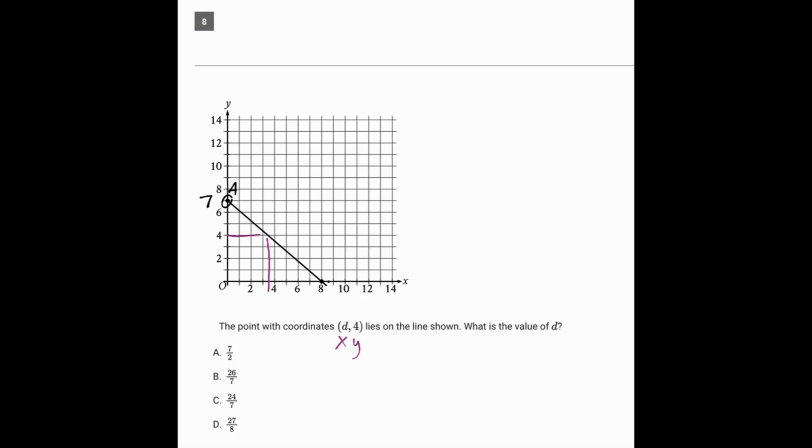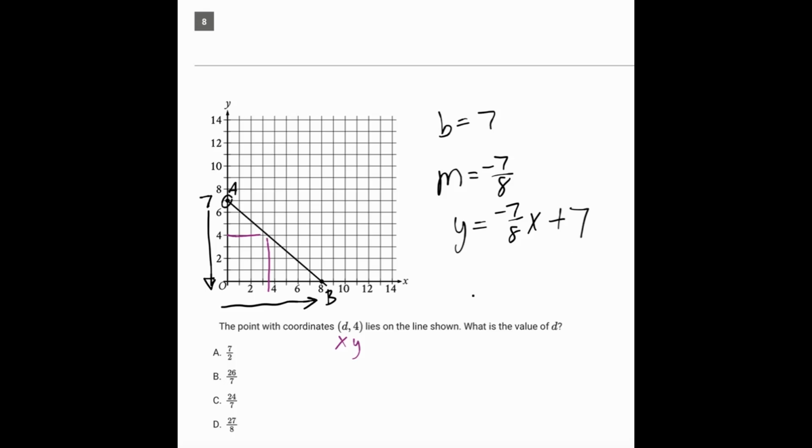And as we're going from point A to point B, we're rising -7, we're going down 7, and we're running 8. So the slope is -7 over 8. And like I said, the y-intercept is 7. So the equation of this line is y equals -7/8 x plus 7. That's our mx plus b.